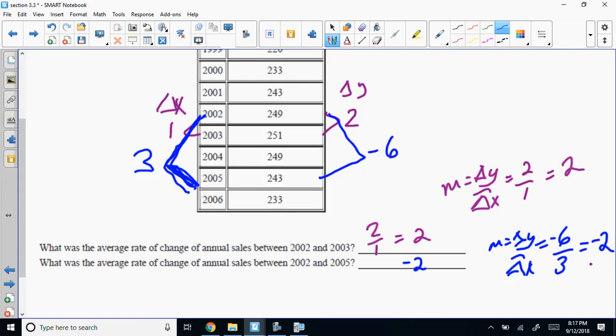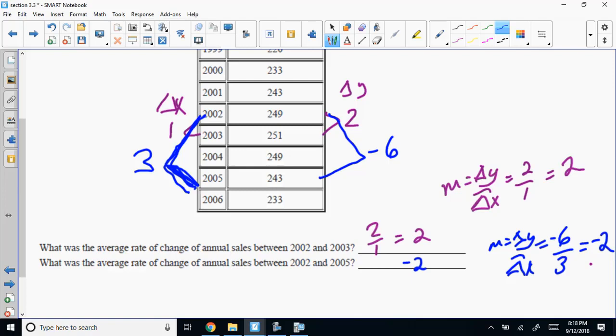That's fine. I just find it easier to look at the change. How's it moving? And then you're good. If it's going up the number line, if it's increasing, it's positive. If it's decreasing, then it's negative. And you always have to make sure that your signs are taken care of.